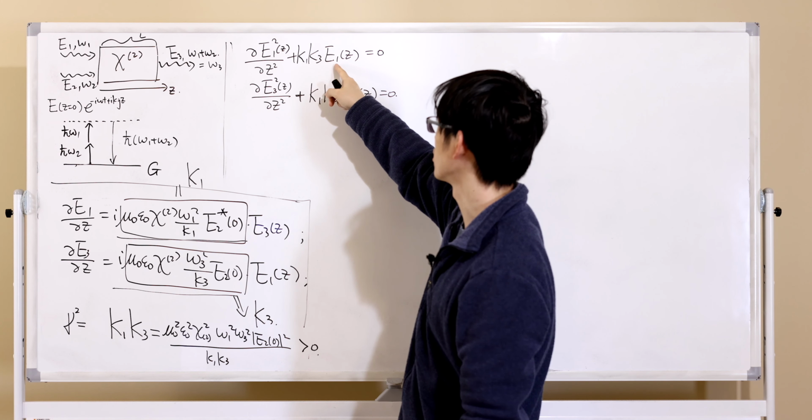And you might wonder, we only defined gamma square as K1, K3. So gamma actually has an ambiguity: it can be plus the square root of this or minus the square root of this. The fact is that it doesn't matter, because cosine, no matter whether it's plus or minus, always gives you the same number.